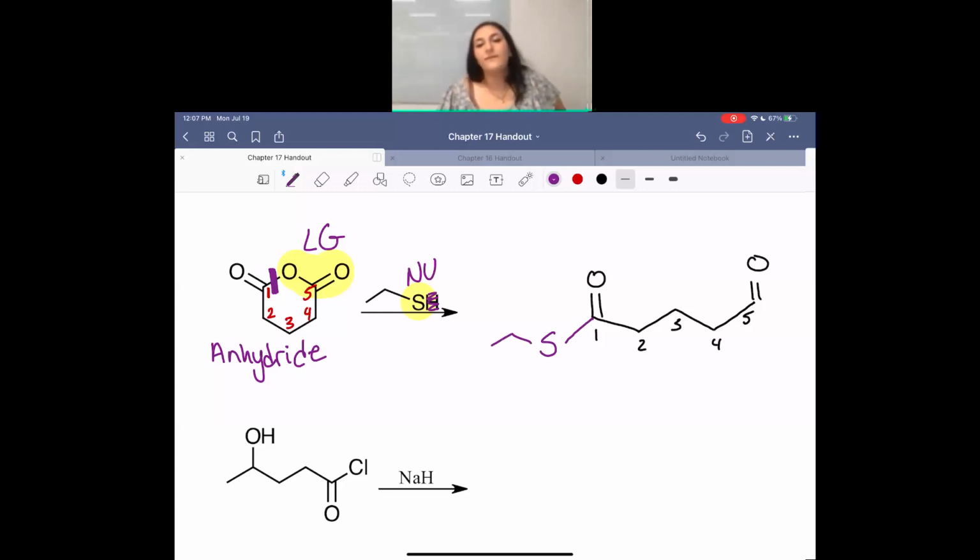On carbon 5, what are we going to attach here? What do we think? Not nothing, because we can't have a plus sign.